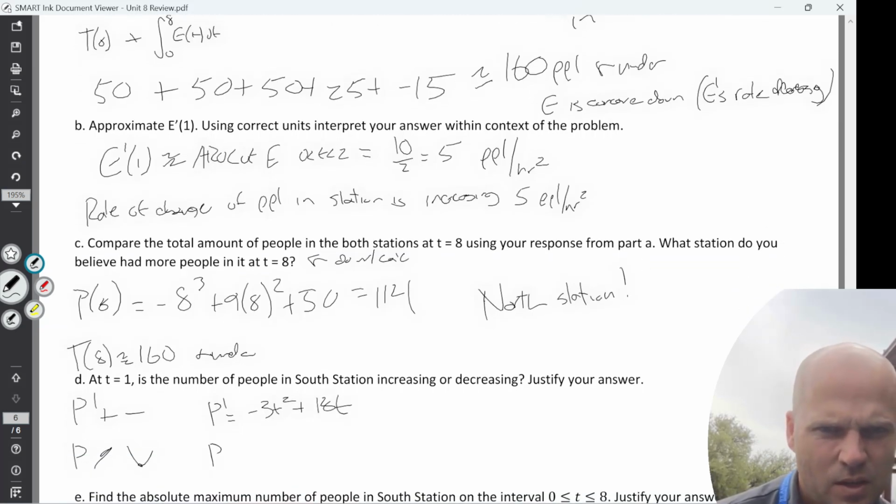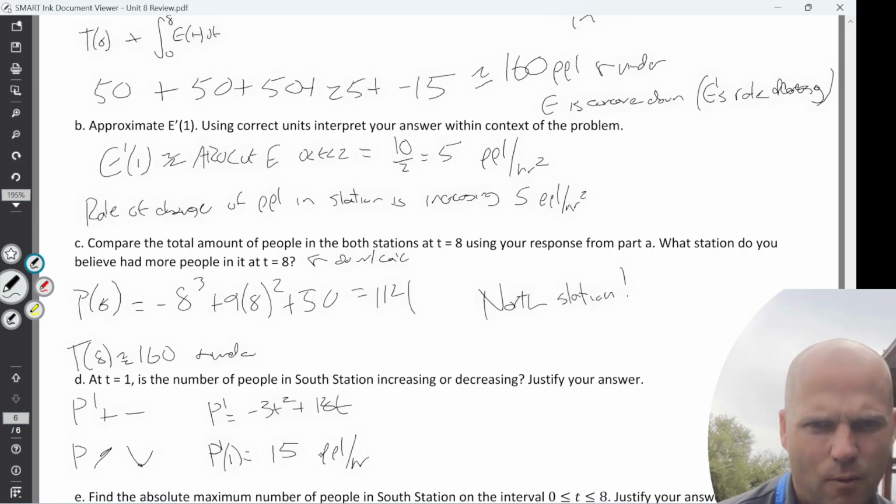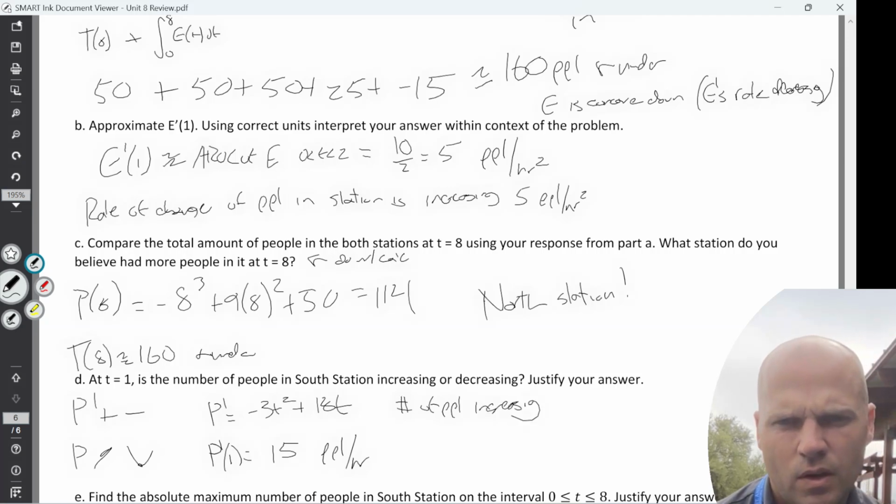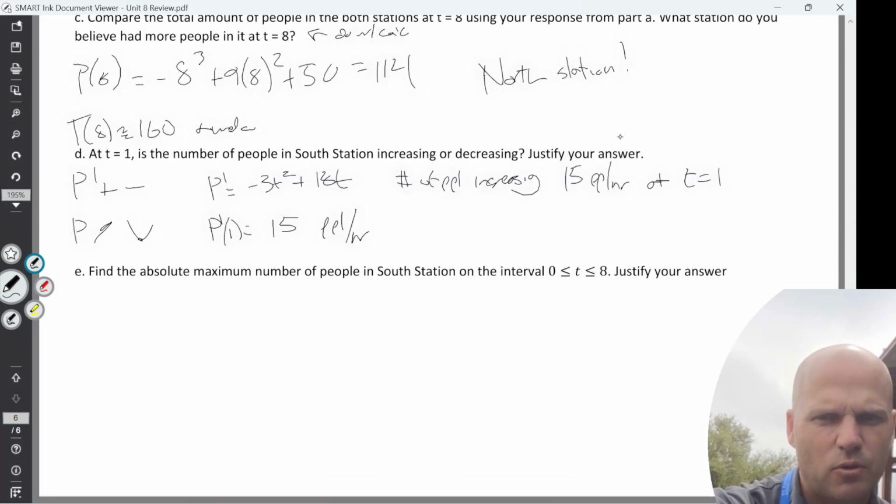That's perfect. P prime of 1 equals 15. This is people per hour. So the number of people is increasing 15 people per hour at t equals 1. It's the absolute number of people.